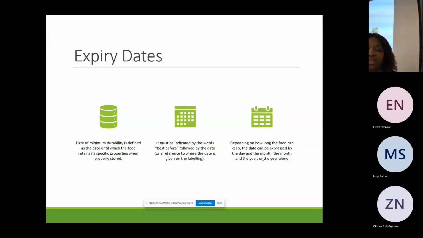And these dates tend to give the minimum durability, which is the date until which the food retains its specific properties when properly stored.